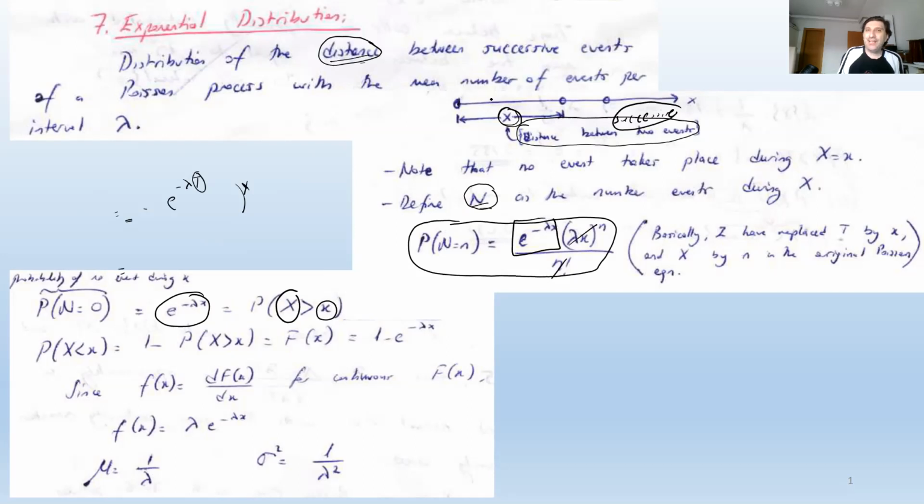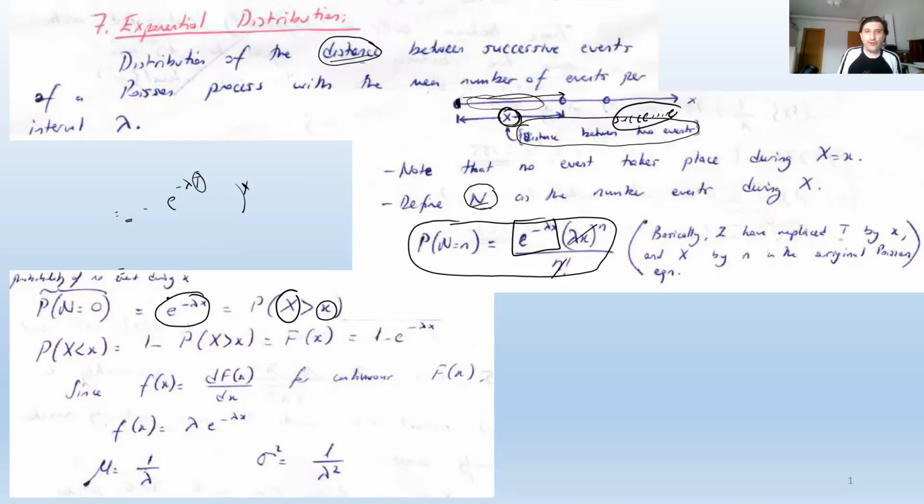Since there is no event happening during this small x, the next event is going to be sometime distant from this previous event, much more than that x value.